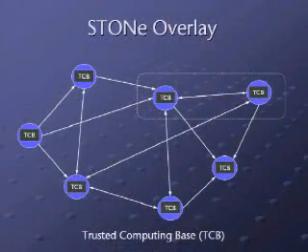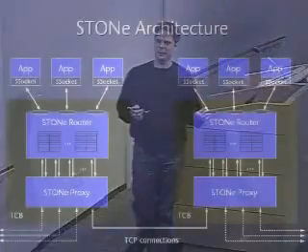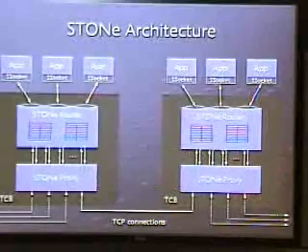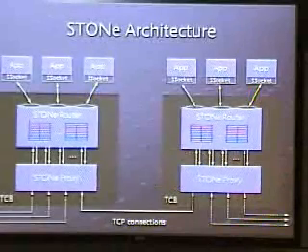So now we come to the Stone design. How does the overlay look? If you take a pair of nodes, this is basically the Stone architecture between these two nodes, and the first component of this architecture would be the Stone proxy.